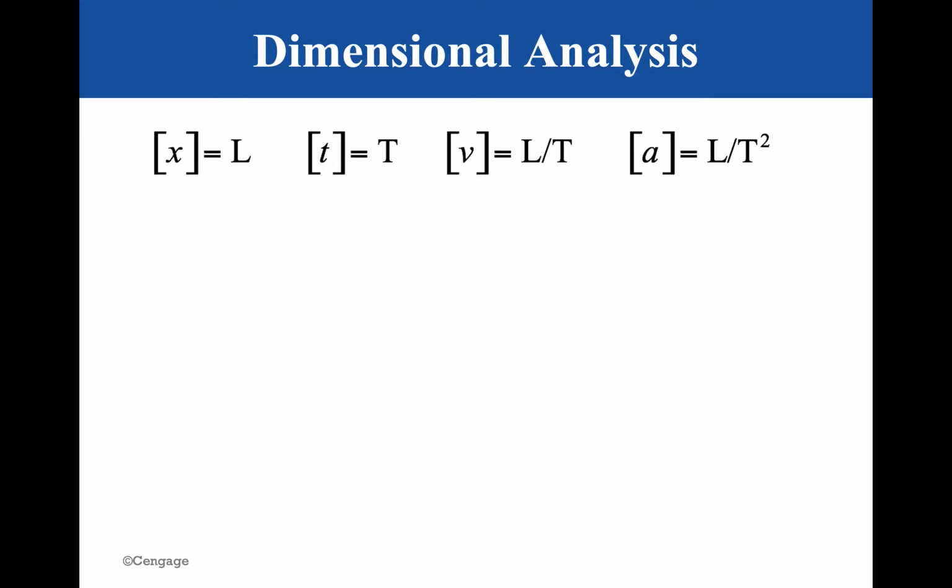Okay? Look at dimensional analysis. What we're going to do is see how you can determine whether something makes sense or not based on analyzing the dimensions. By dimensions, we mean the dimension of position is length, the dimension of time is time, and velocity is a length per time.